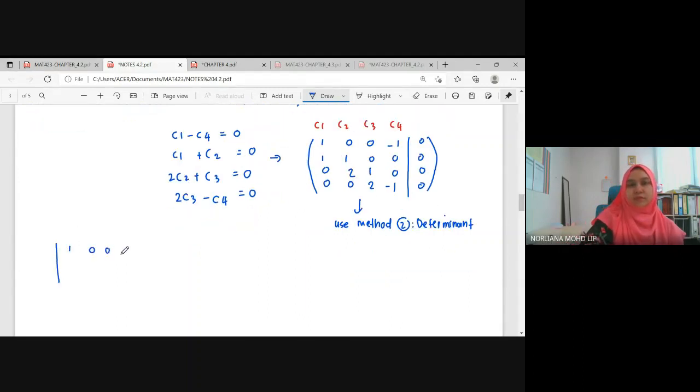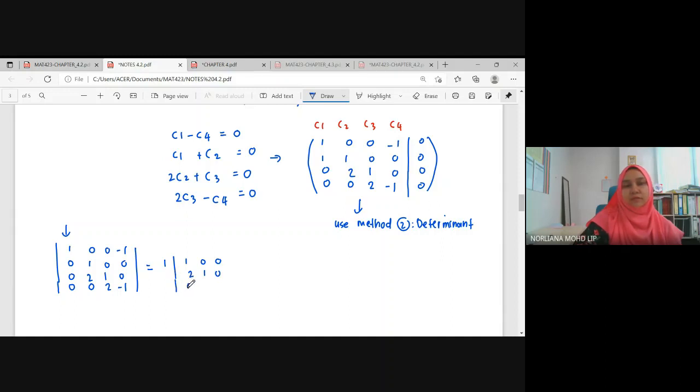1, 0, 0. So equal to. Okay, ni saya ambil first column. So positif. Kita tutup ni akan dapat 1, 0, 0. Okay, dapat yang ni. So perlu cari lagi lah determinant dia kan.